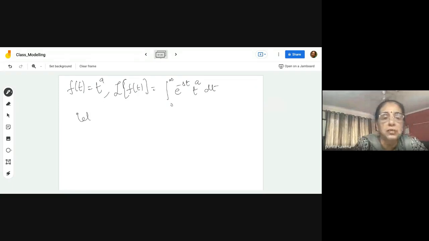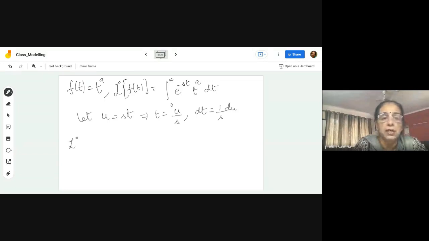So what I do is I define a variable u as st. That means your t is nothing but u by s, and your dt is nothing but 1 by s du. Your limits actually do not change because your limits are from 0 to infinity.